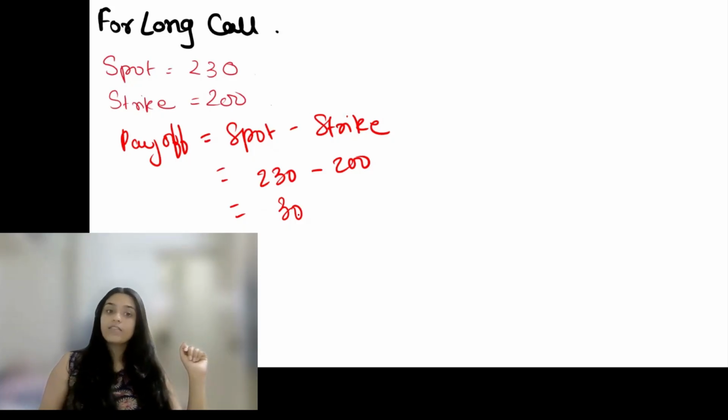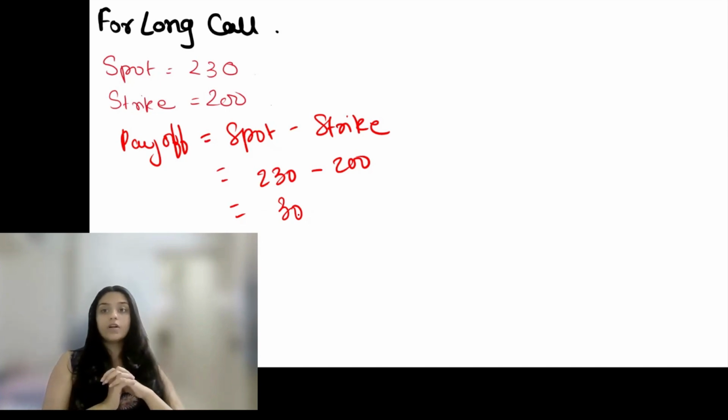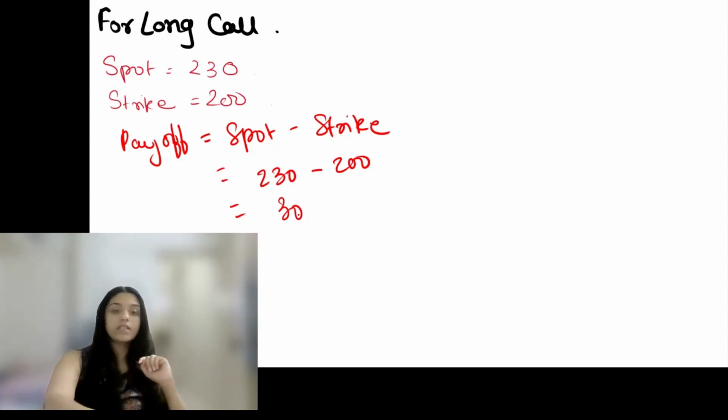We have learned that for a call option, your payoff will be calculated with the formula spot price minus strike price. Your spot price, that is the current price, is 230 and the strike price is 200. So your payoff is simply 230 minus 200, which is equal to 30 rupees.